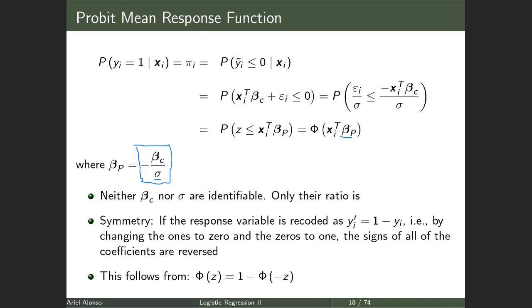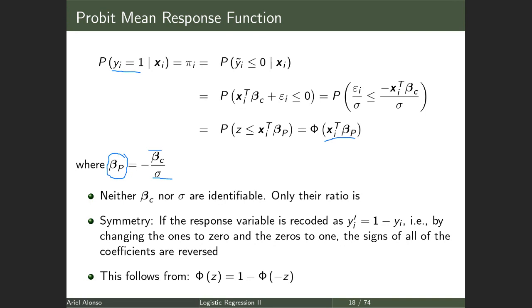So you cannot estimate beta_c, and you cannot estimate sigma, but you can estimate the ratio, because for that you have data: the binary outcome. So neither beta_c nor sigma is identifiable. Only their ratio can be estimated.